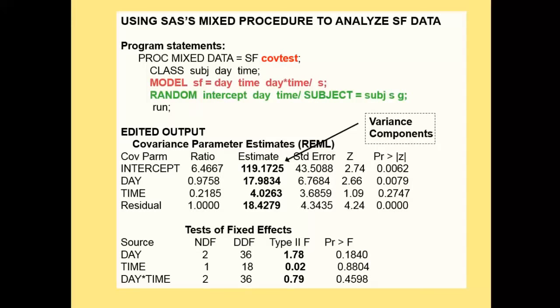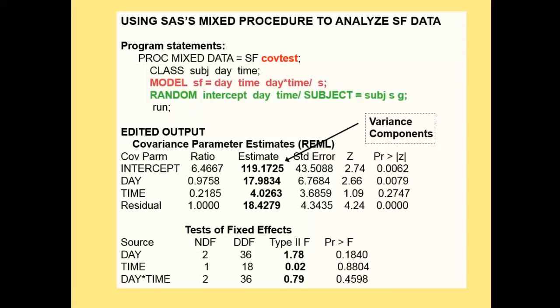You getting that? Okay. So what's the 119.1725? Well, that's the estimate of the variance corresponding to the random intercept. This is the estimate of the variance corresponding to the intersection of day with subjects, and you're only getting one estimate because you're assuming that they're the same.